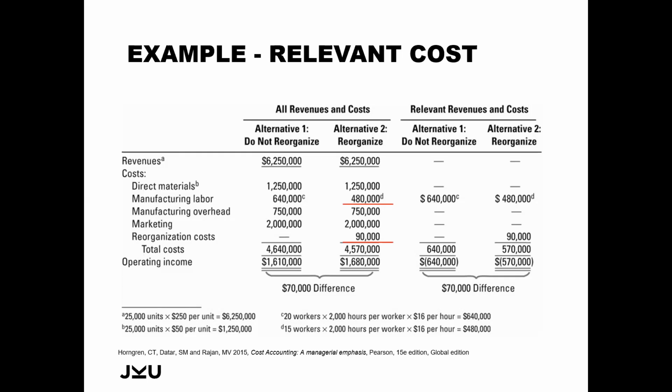And we have also alternative 2, where the company thinks that we might reorganize ourselves and therefore cut labor. However, of course, we also have costs of reorganization. But in the end, we may have an increase in operating income, increase it by $70,000 in this case.